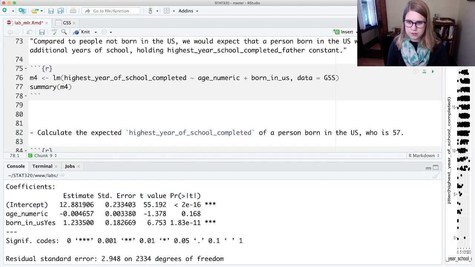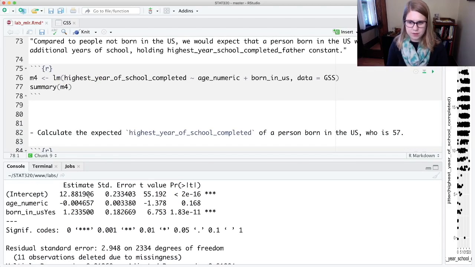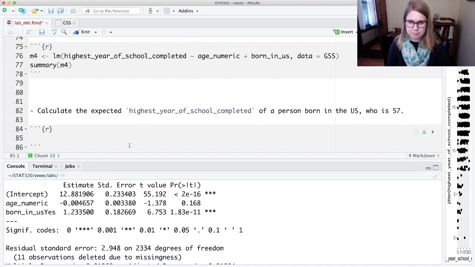Okay, so then I could do a predicted value based on my model. So 12.88 minus 0.0047 times 57 plus 1.23 times 1, because it's a yes.